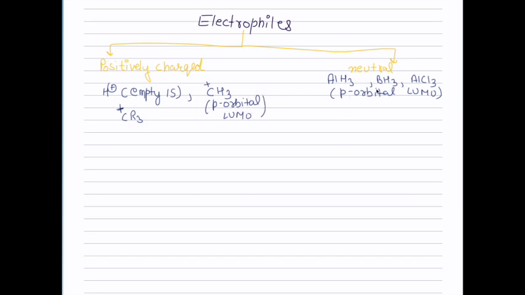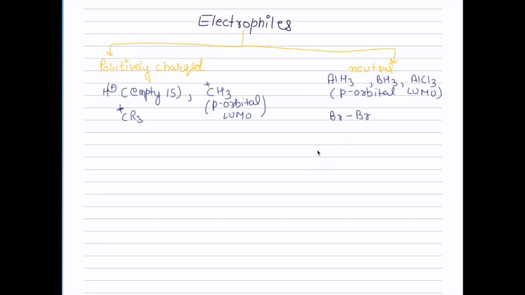Apart from this, what other neutral electrophiles can be possible? Like Br2. Why? Because this bromine-bromine sigma bond is really weak. Why is it weak? Because bromine atoms have larger radii, so this would be a weak bond.